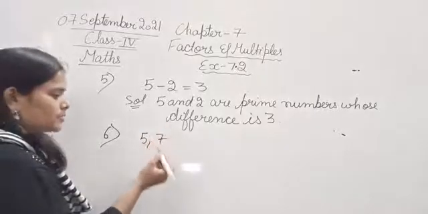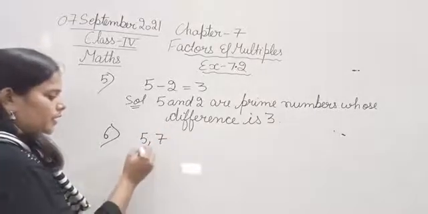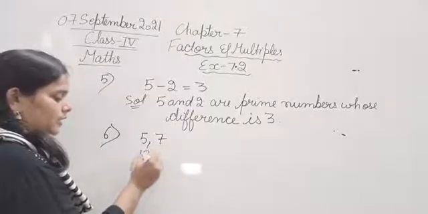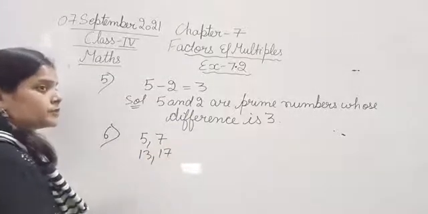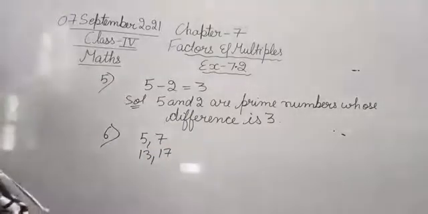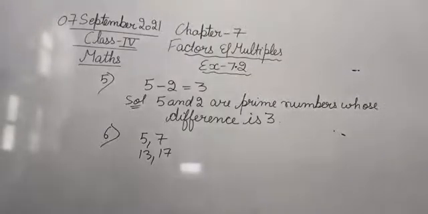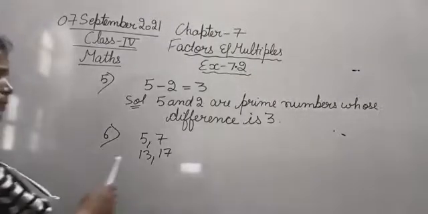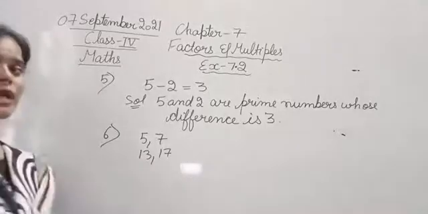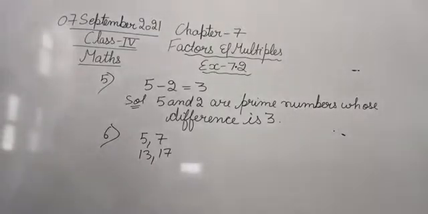Okay, 5 and 7 is there. Okay, they are odd numbers as well. 13 and 17 is also there. Okay, 11 is also there. So they all are odd numbers. They are not divisible by 2 and they are prime numbers as well.